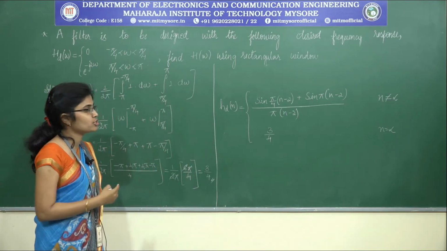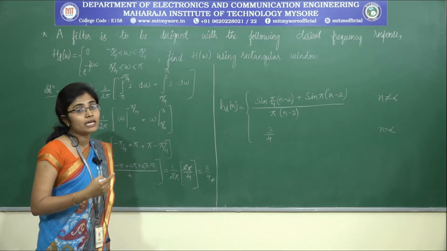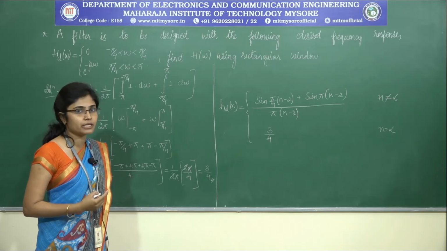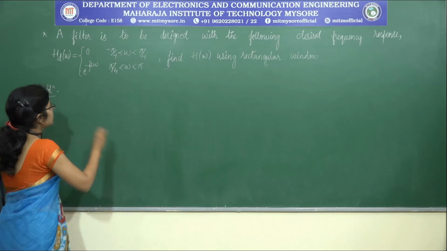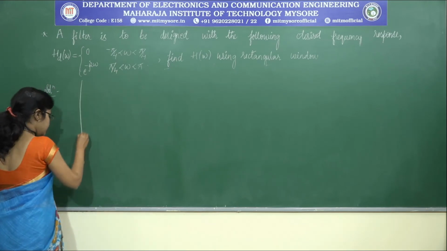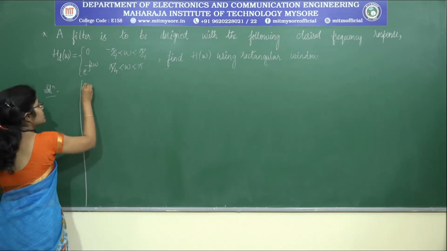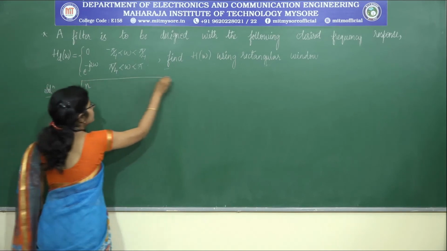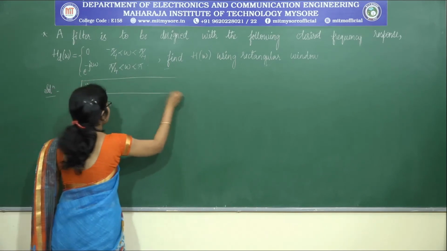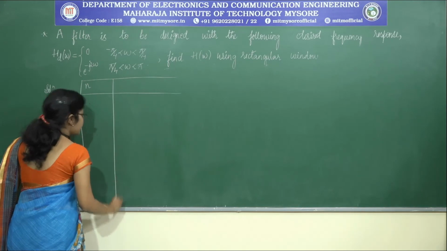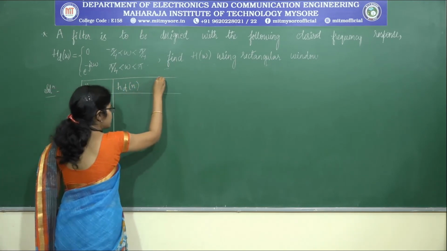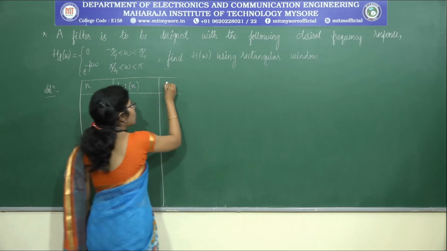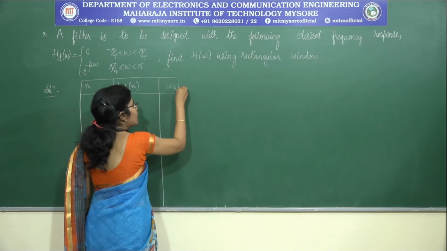Now, with the help of hd of n, we need to find out h of n, which helps us to find out the frequency response of the given filter. If I draw the table, the first column is n, followed by hd of n, followed by omega r of n.